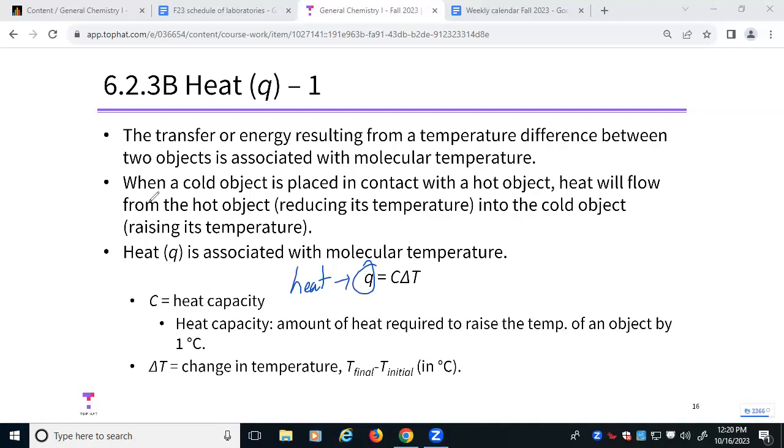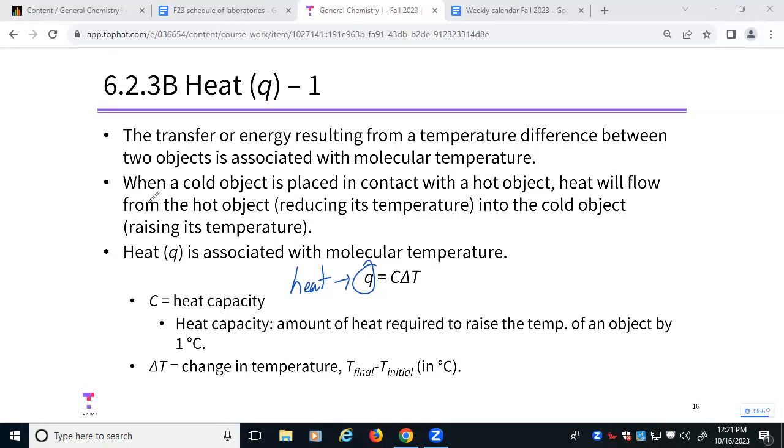But there's kind of a problem with heat capacity. And the problem with heat capacity is this. Think back to the thermal energy concept that we brought up on Friday. I have the small cup of coffee and the large cup of coffee, both at the same temperature. Even though they're at the same temperature, they have differing amounts of heat.